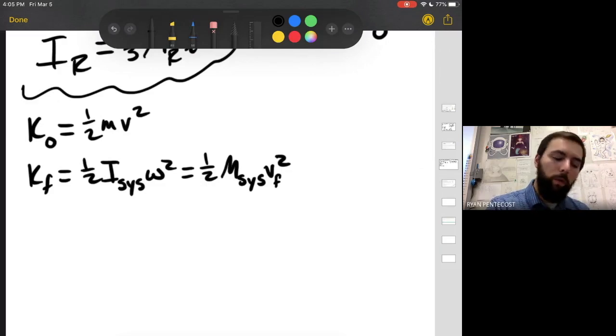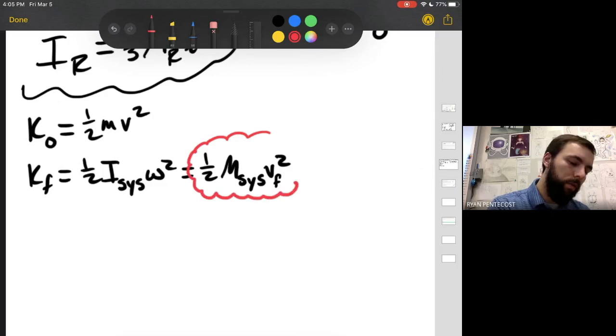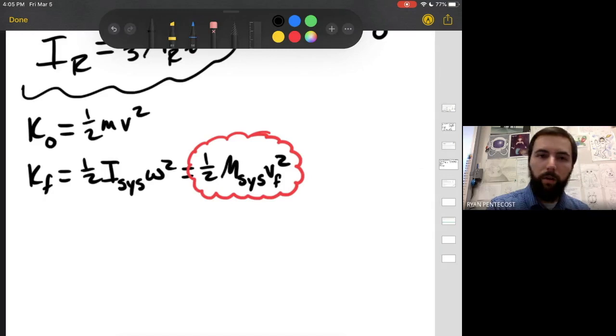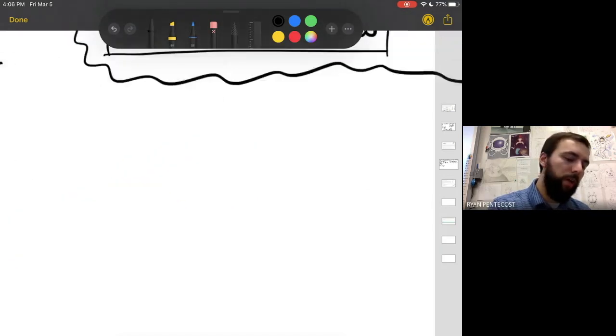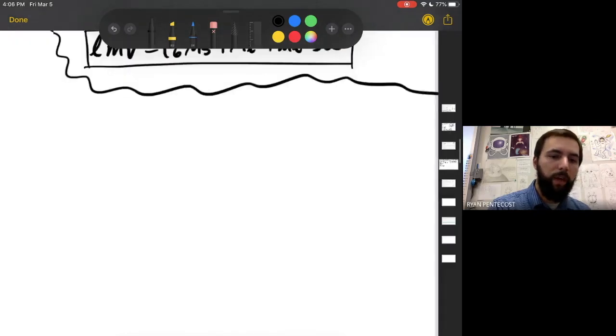Now, we're going to use this approach to find our final kinetic energy. Now, first, we need to find that VF, because if we don't, then our velocities aren't going to cancel out to give us a nice ratio. So I'm going to find our VF over off to the side here.